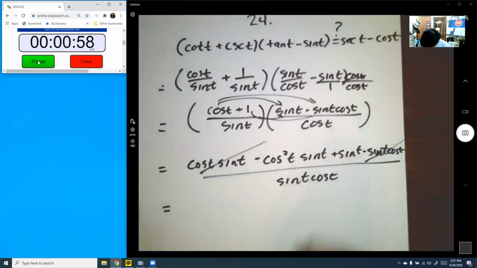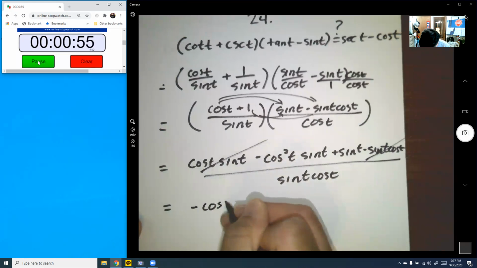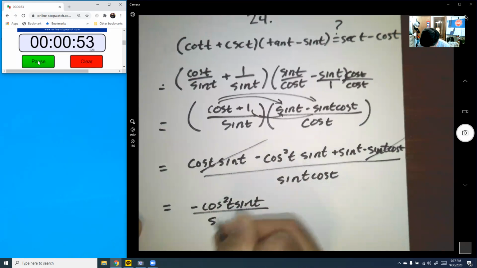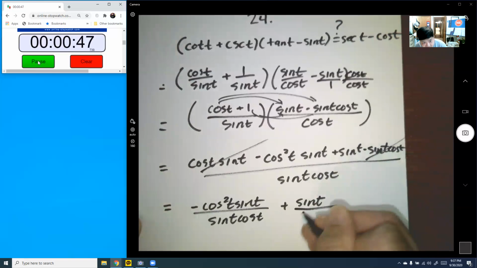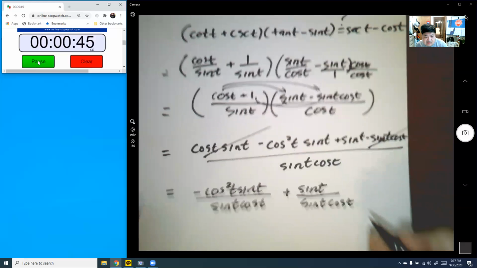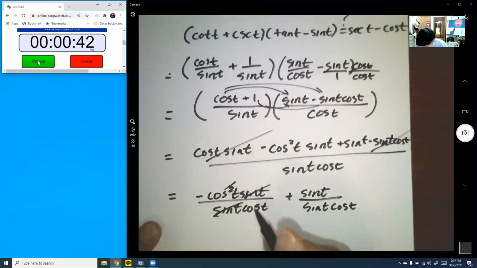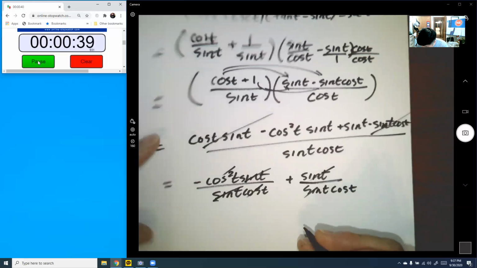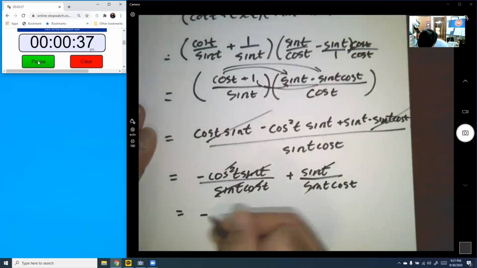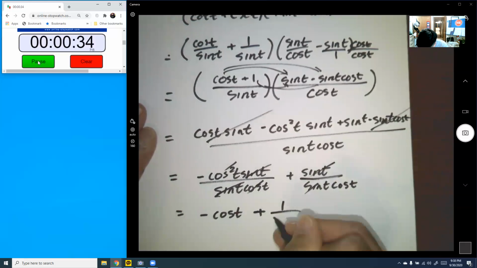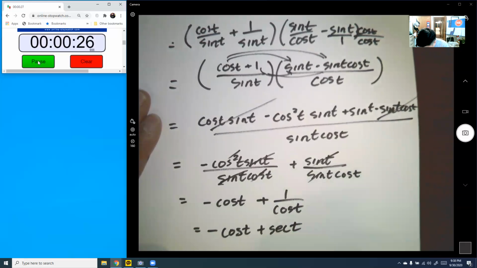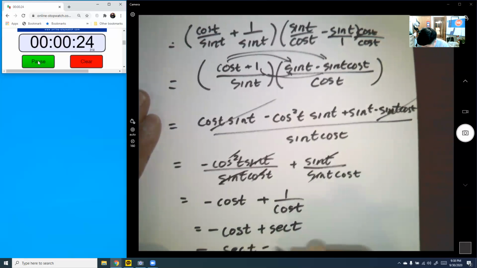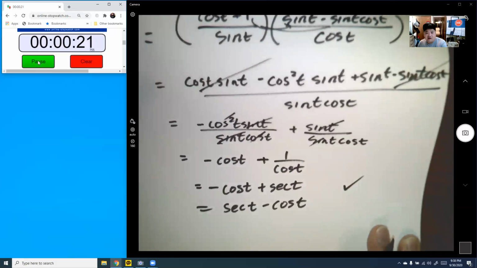Then I'll split this into two fractions. Negative cosine squared t sine t all over sine t cosine of t, plus sine of t over sine t cosine of t. I'll divide out a sine t and one of the cosine of t's, and one of the sine t's. So I'm left with negative cosine of t plus 1 over cosine of t. And then 1 over cosine of t is secant of t. I can reverse the order here and rewrite this as secant t minus cosine of t. So this one is verified.